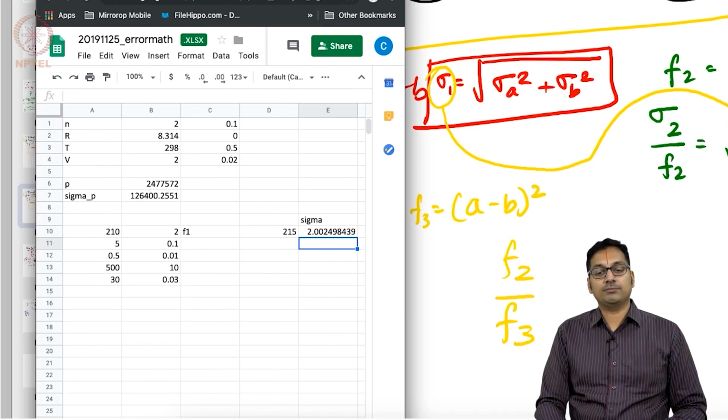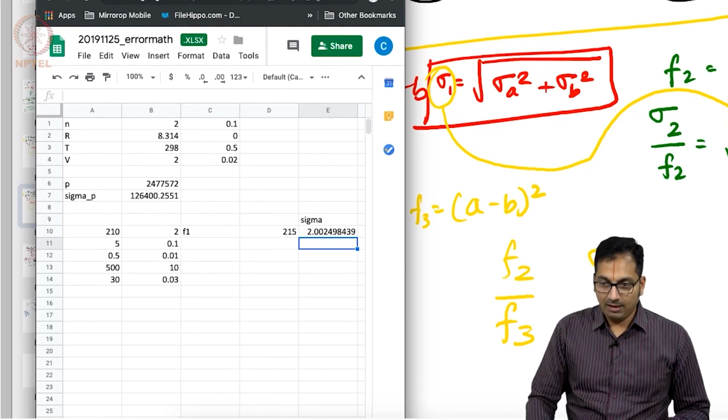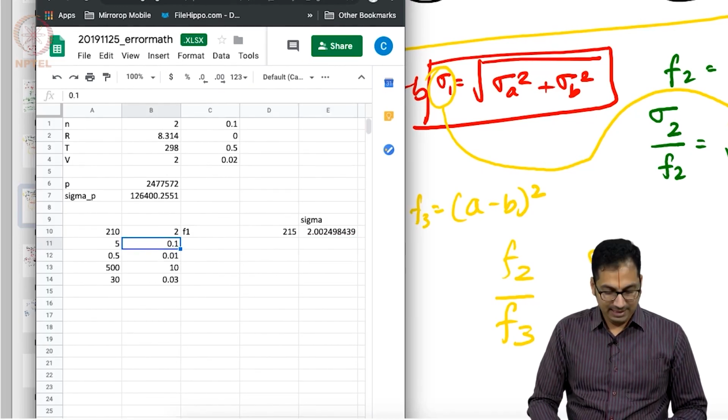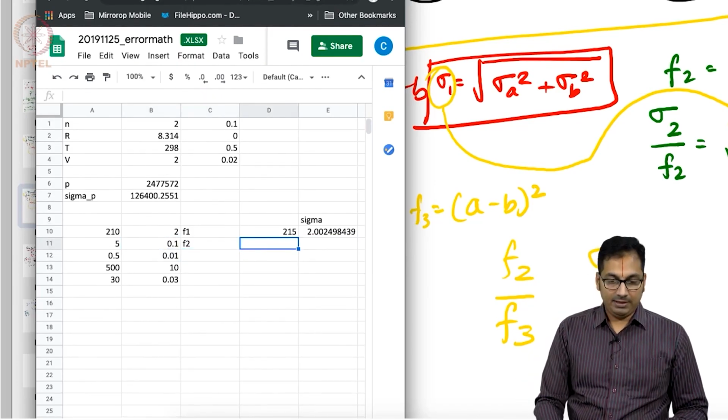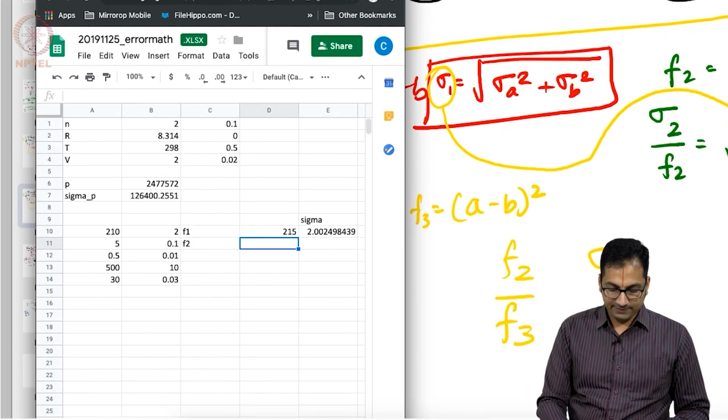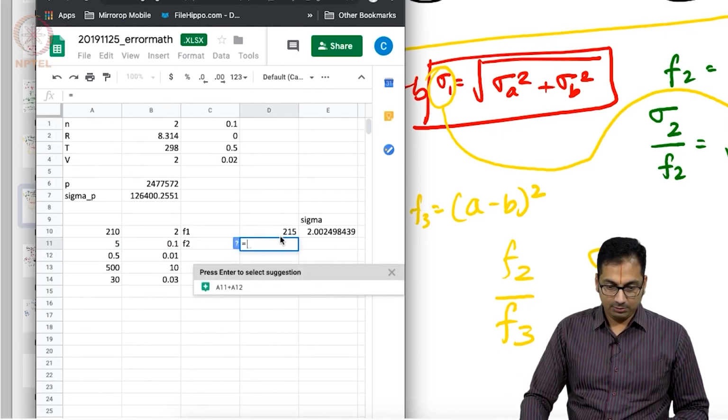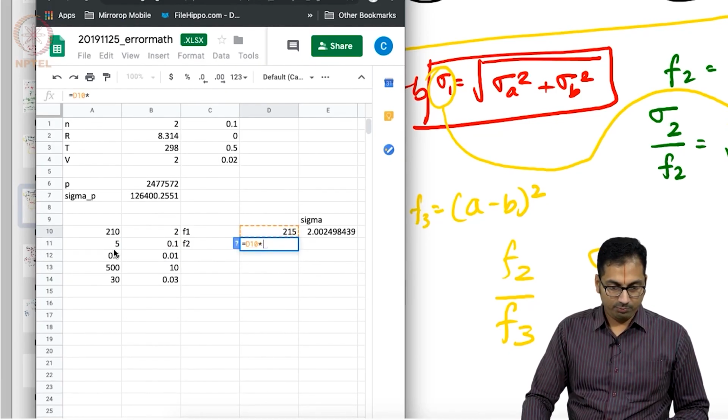There you go. So this becomes 215 plus minus 2. Now you are multiplying that with 0.5. So what is that going to be? This is going to be equal to 215 times 0.5.